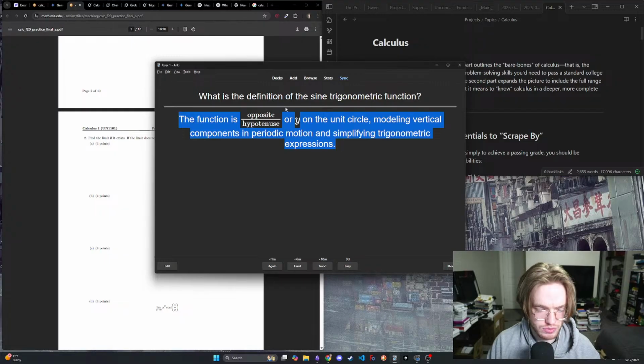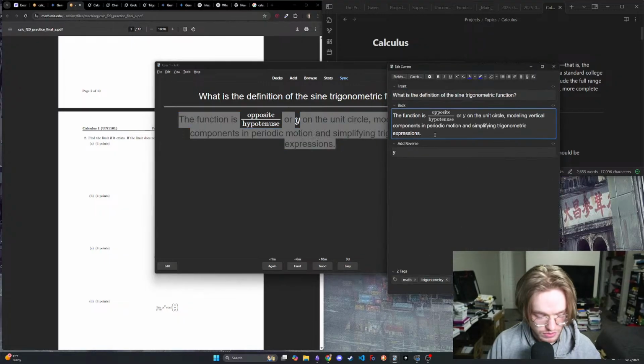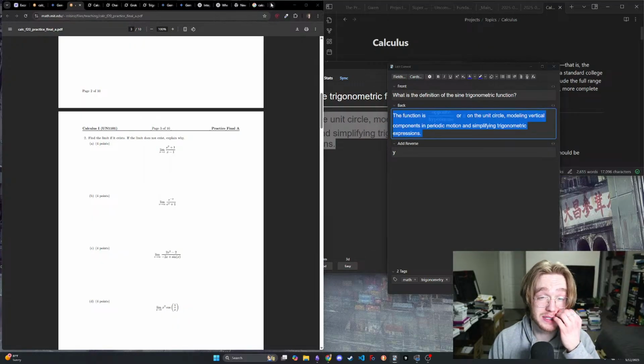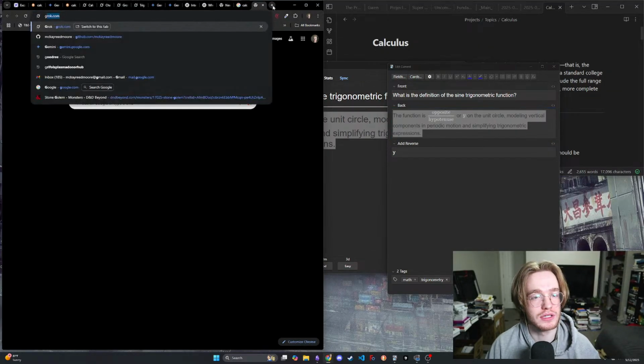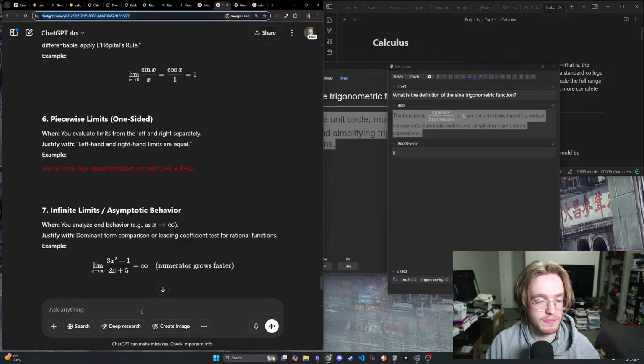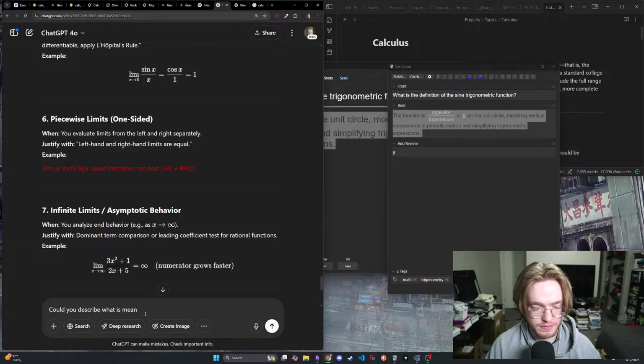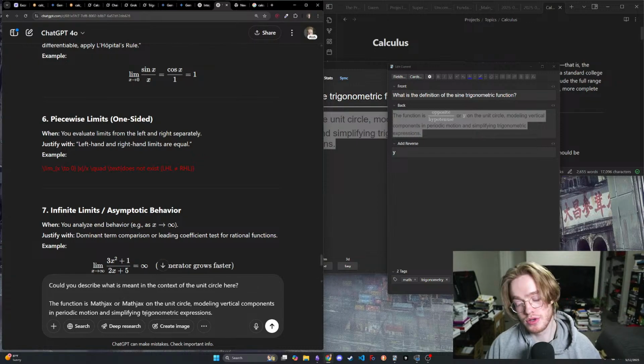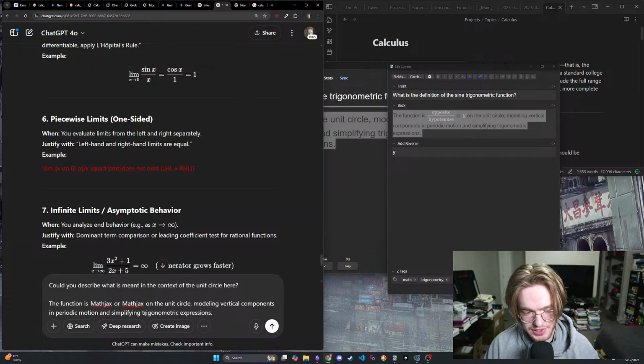Okay, I think I just want a quick question on the unit circle, so I can help understand that in that context. I'm pretty sure the unit circle is the one in which, is it the radius is equal to pi? Or maybe the radius is equal to 1?